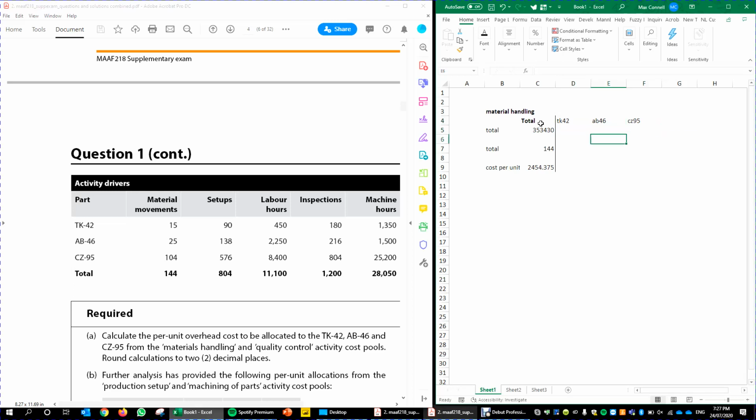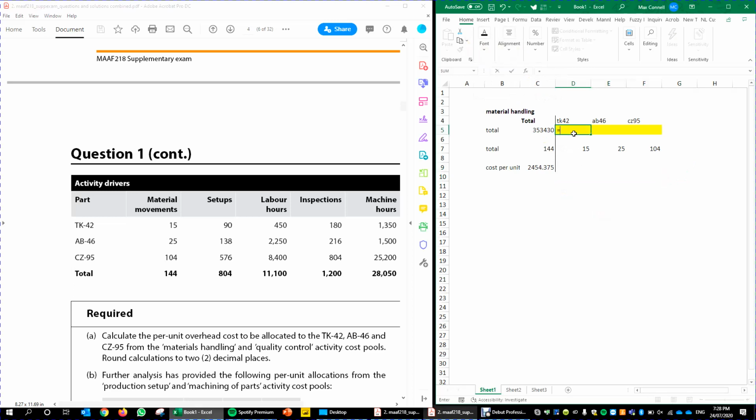Okay, so first of all, we know the total cost, we know the total drivers, we also know the drivers by each of these products. In this table down here we can see that TK42 has 15, AB46 has 25, CZ95 is 104. What we're trying to figure out is these ones up here, and therefore we'd also be able to figure out what the cost per unit is.